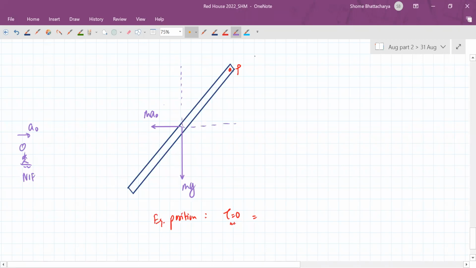So if this is the angle with respect to the vertical, taking the angle as theta, then mg into L by 2 sine theta is creating a clockwise torque. That has to be balanced by this, which is creating the anti-clockwise torque.